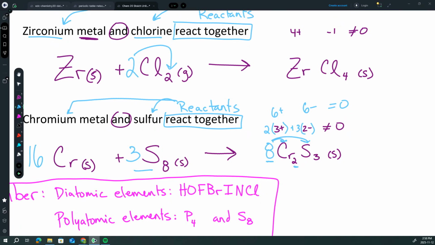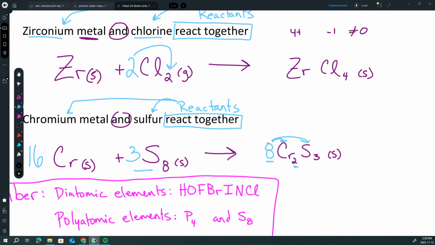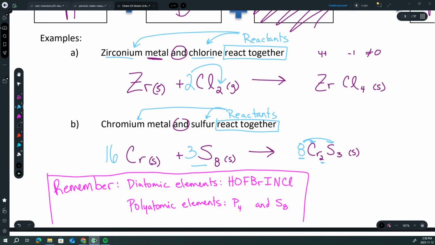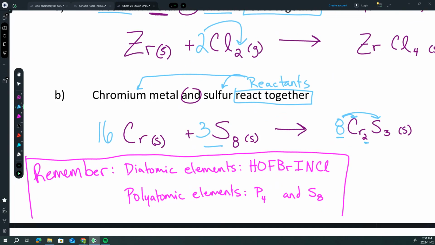Do you have to write how the balancing works out for each compound? No, you do not. I am writing that out just to show you how it is working out to help you understand, but you don't have to write that out every single time. What I would expect in an answer would be something that I have written right here, so just the equation with everything balanced.